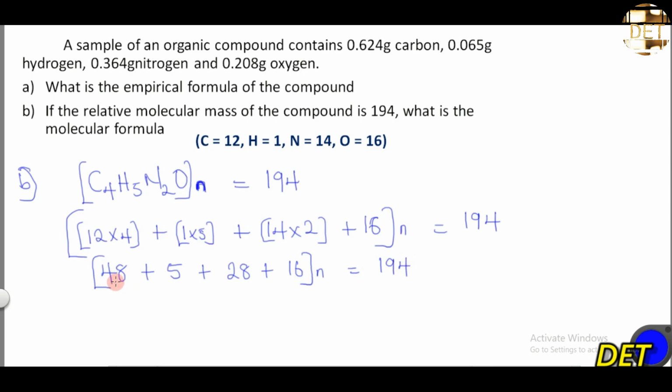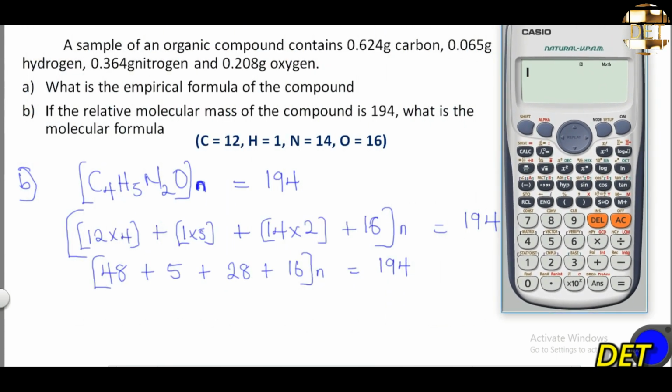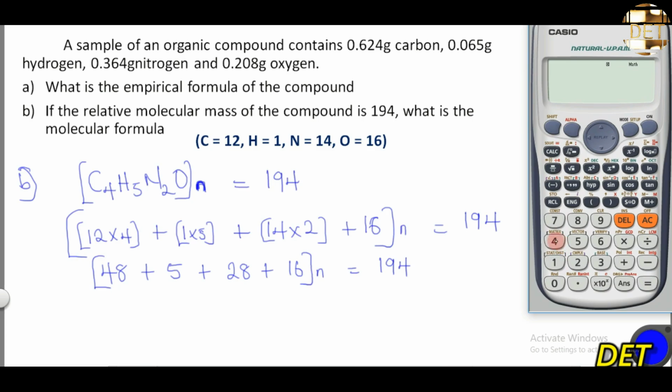So this will be 48 plus 5 plus 28 plus 16, that will be equal to 97.